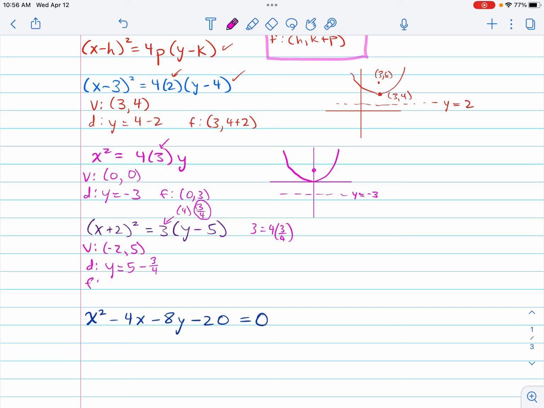Now, the focus is going to be, we've got -2, it doesn't change, but we've got 5 plus 3/4. So we've got (-2, 5). There's the vertex. 5 minus 3/4, that's the directrix.